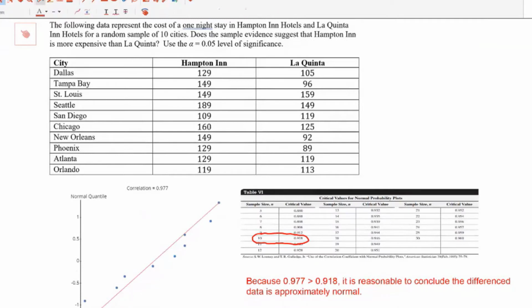Now remember, when we computed our difference, we computed our difference as Hampton minus La Quinta. Our goal is to find out whether Hampton is more expensive than La Quinta.